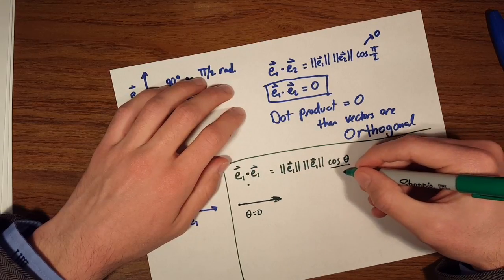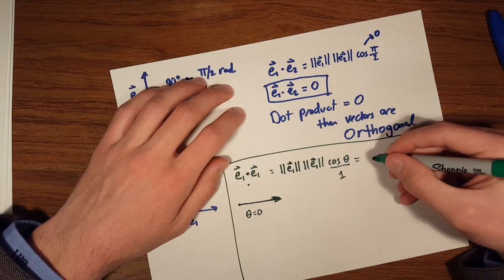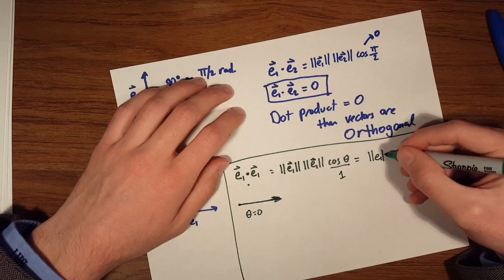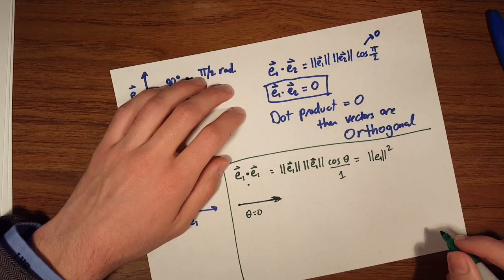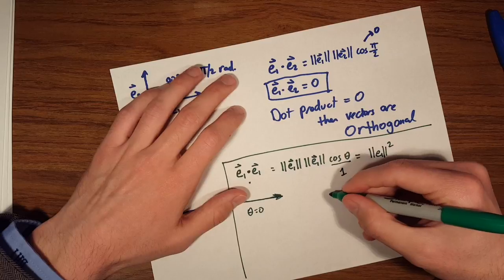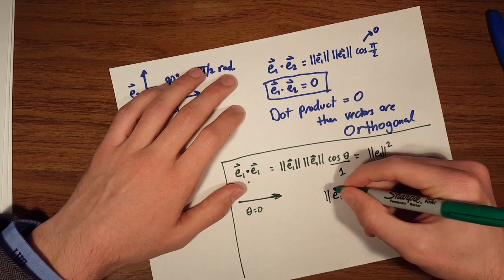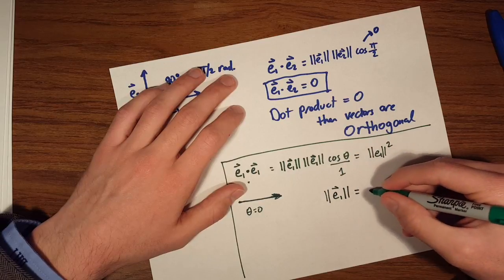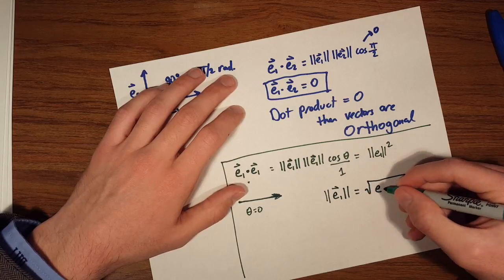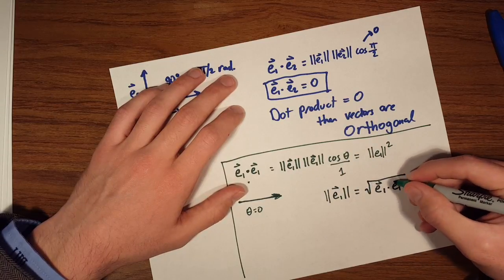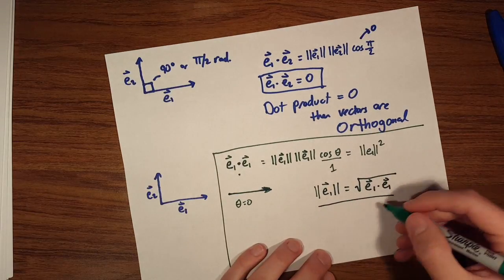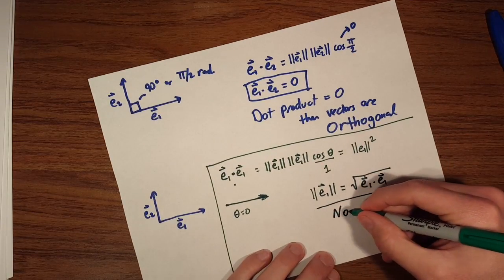And cosine of 0 is 1. So this becomes just the magnitude of E1 squared. So that gives us a formula for the length of a vector. The length of a vector E1 is going to be the square root of E1 dot E1. And this quantity has a name, and it's called the norm.